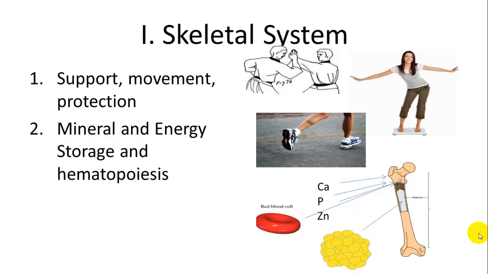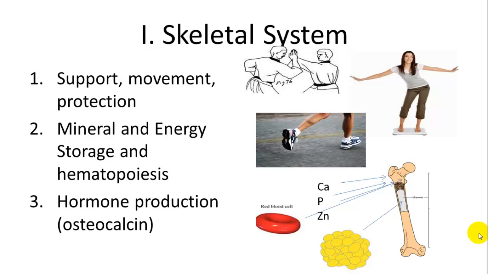Red bone marrow is where blood cells are made in a process called hematopoiesis. And you have calcium, phosphorus, zinc, other minerals which are in bone, which can be mobilized if they are low in circulation. And finally, there are some hormones which are produced in the bones, including one called osteocalcin.